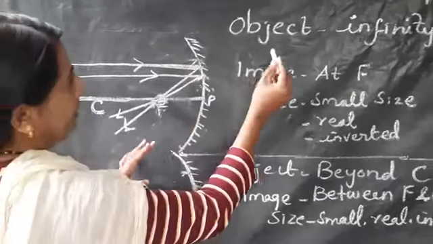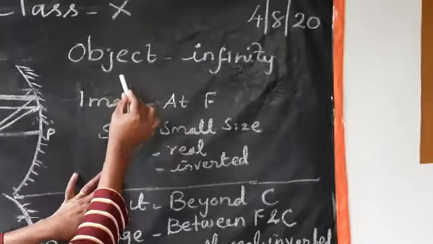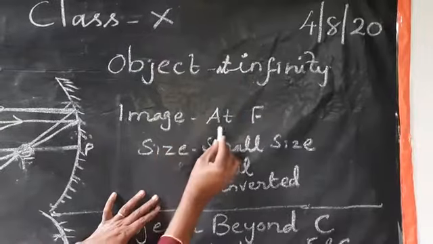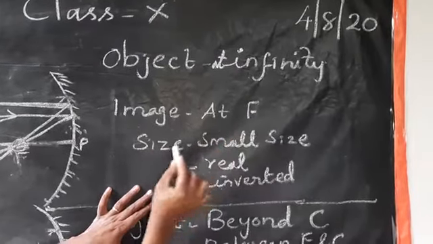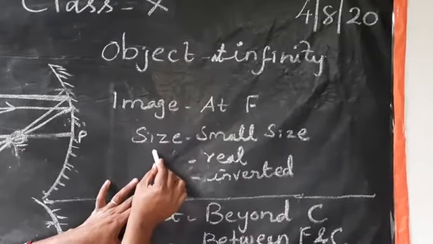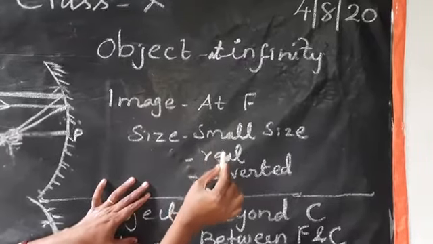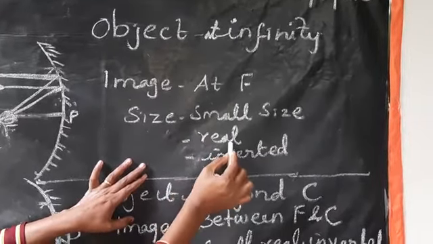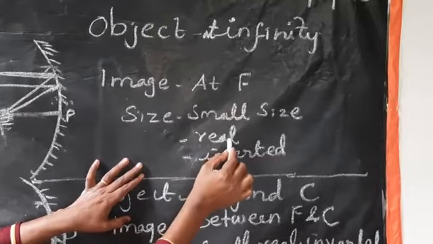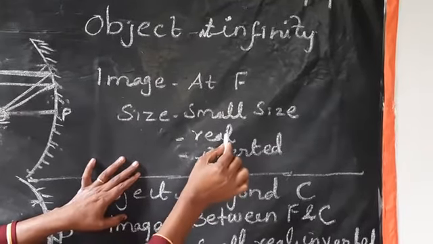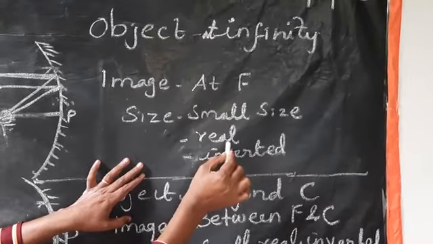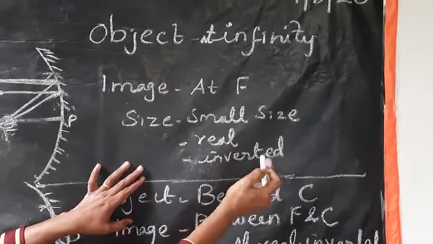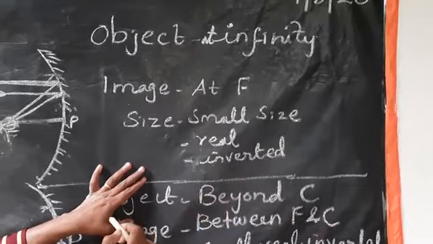So I have written: object is at infinity, image is formed at F. The size of it will be very small. Real, inverted. Real image, you know, a real image can be formed on the screen. Inverted, you know the meaning of the word inverted.